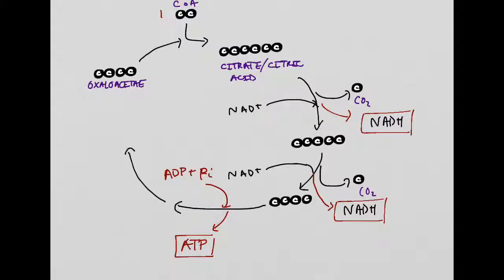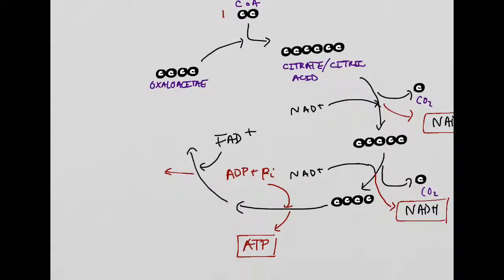As it goes around the cycle, we have another molecule called FAD+, which is just like NAD+, a high energy electron carrier. It feeds into the cycle here, and it pops out as FADH2. So again, it's holding high energy electrons for us.